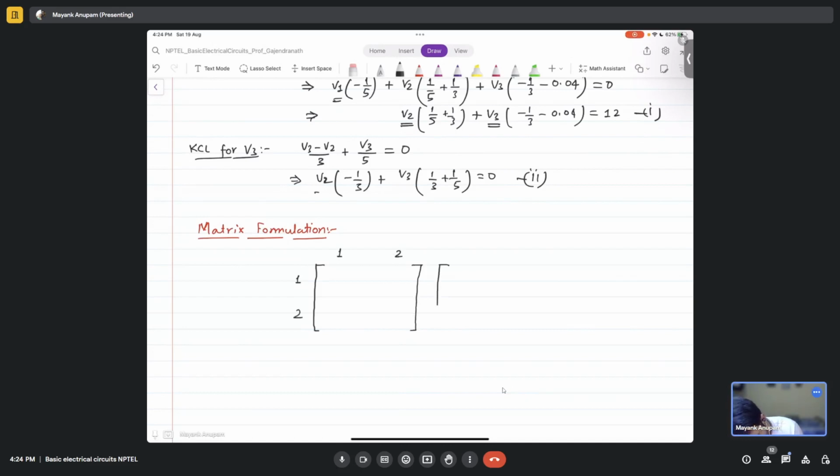What will this be? Generally it is a G matrix, but in this case it will not be, so let's forget that.